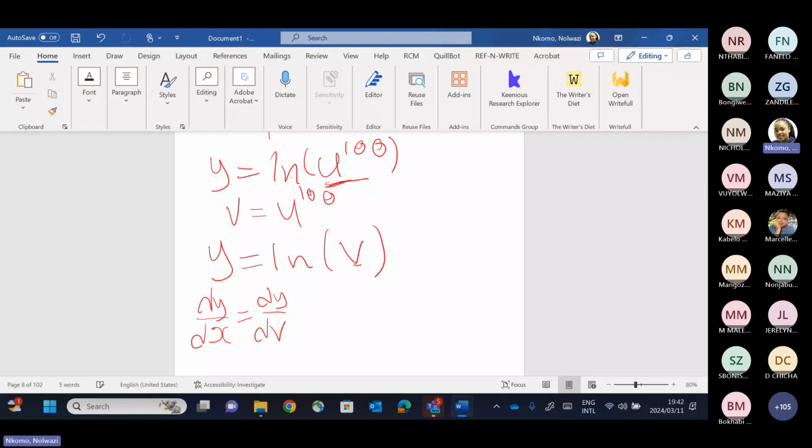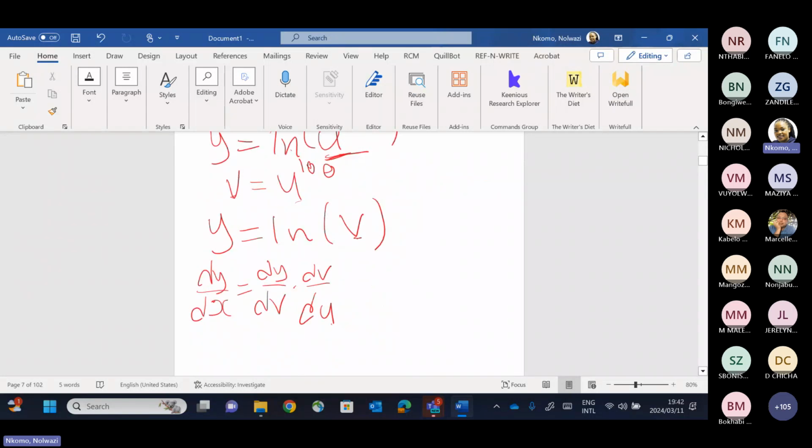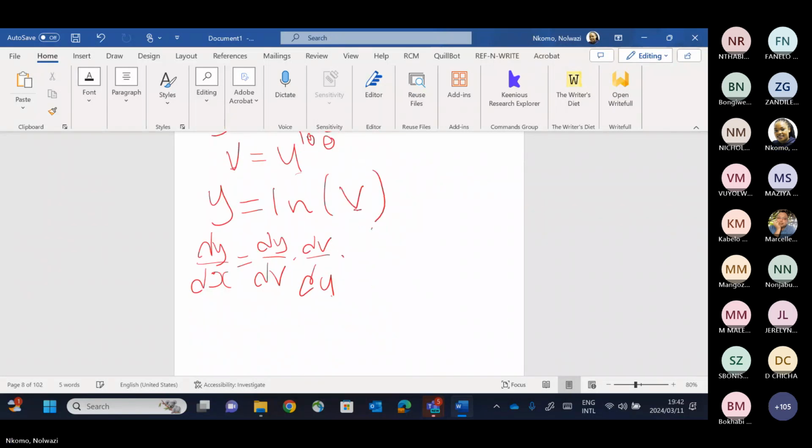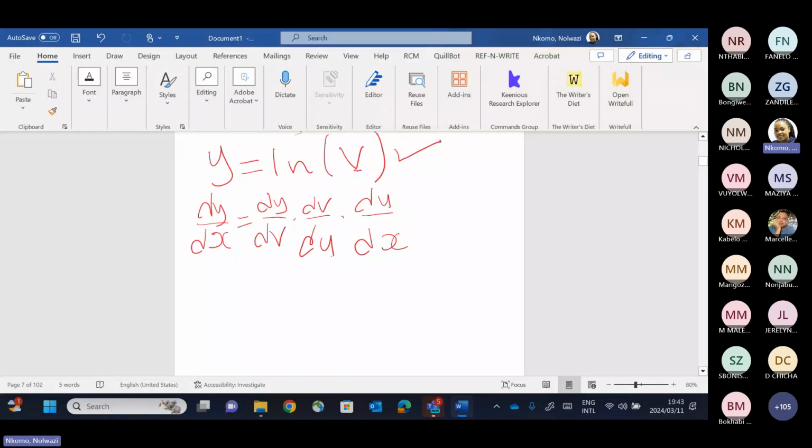So if we differentiate this, we'll find dv over du. u is a function of another function, which is x. And if you differentiate u, you'll find du over dx, right? Then the next step is to find this derivative, this one, and this one, and then you substitute them back here.